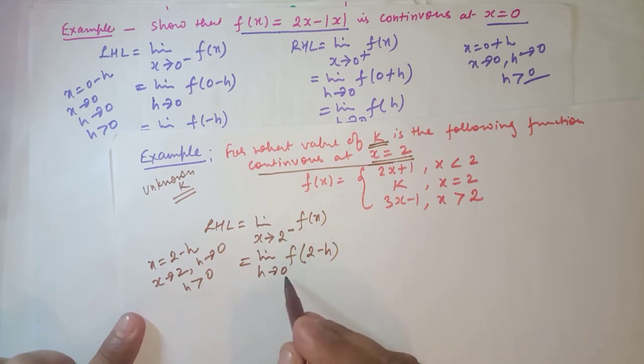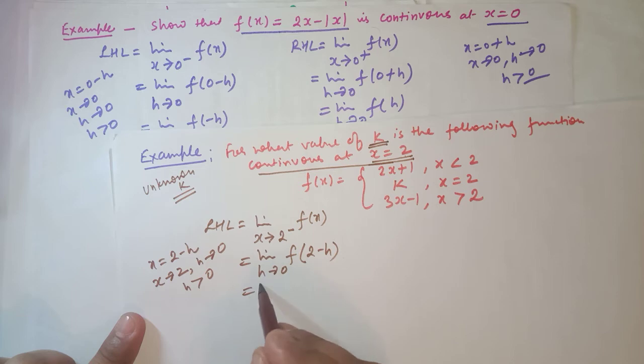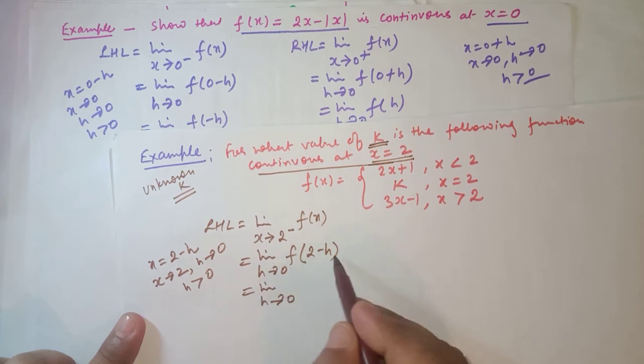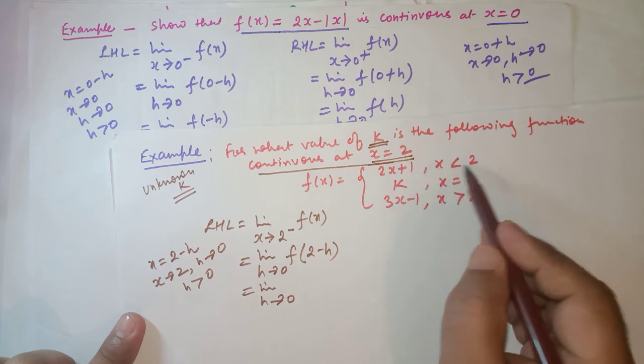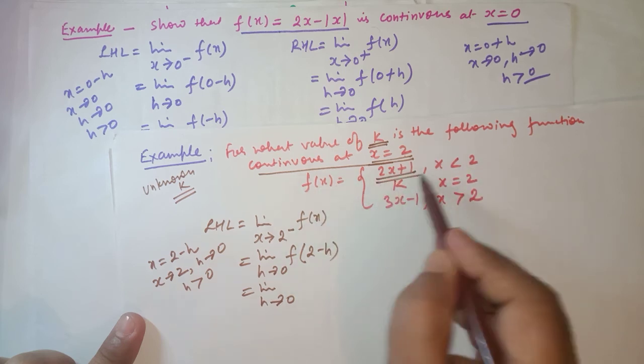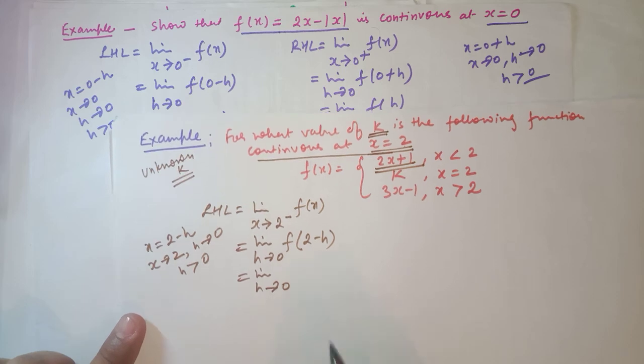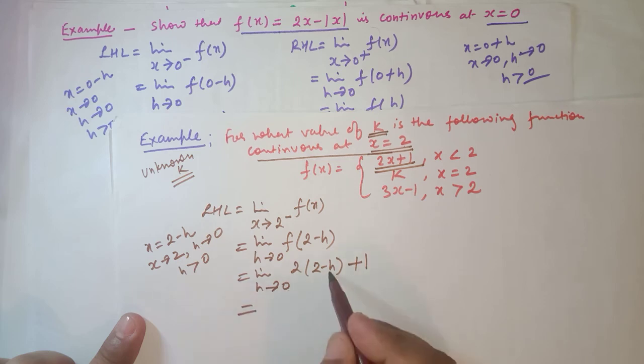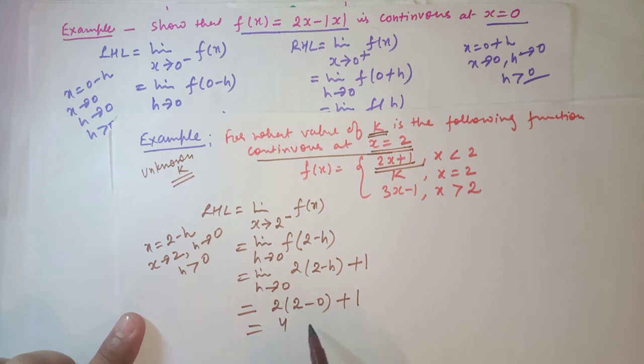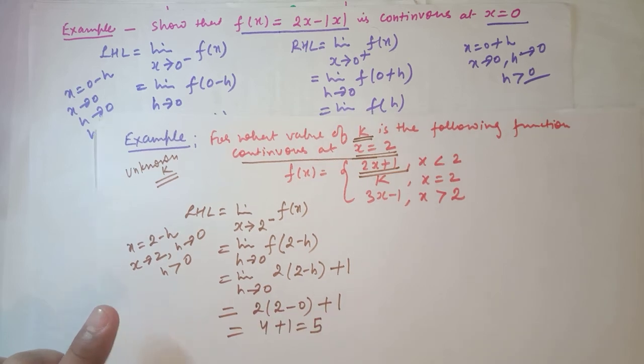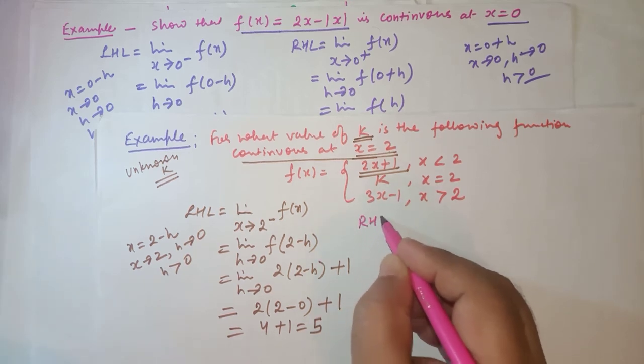So this is limit h tends to 0 of f of 2 minus h. For x less than 2, the function f of x is defined as 2x plus 1. So here we have 2 times 2 minus h, plus 1. Now we'll substitute the value of h equal to 0 here. So we have 2 times 2 minus 0, plus 1. So this is 4 plus 1, which is 5.